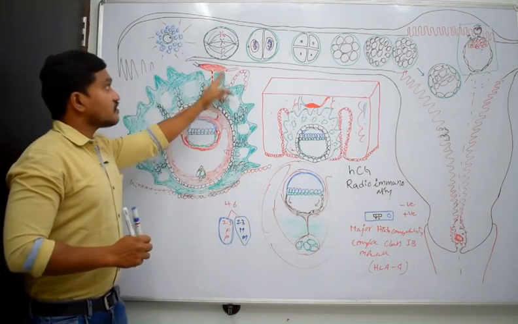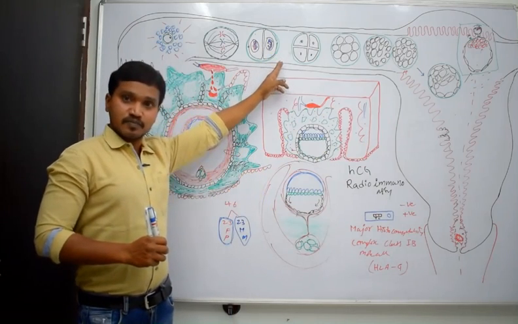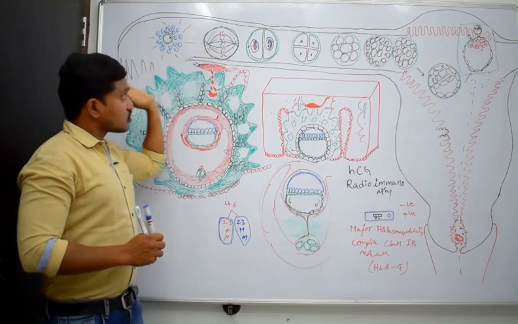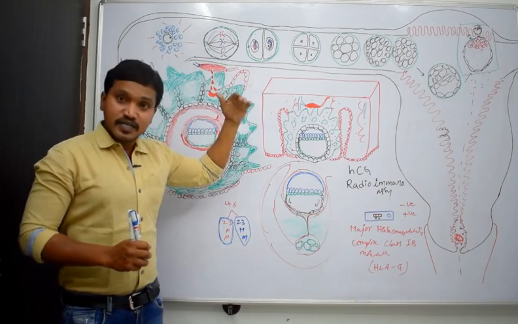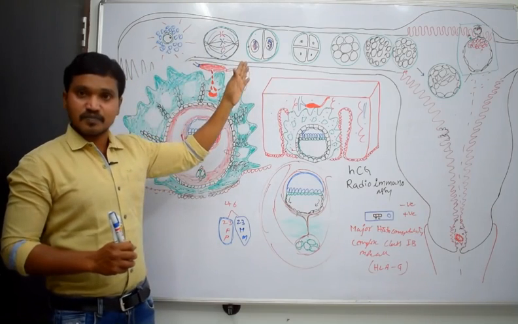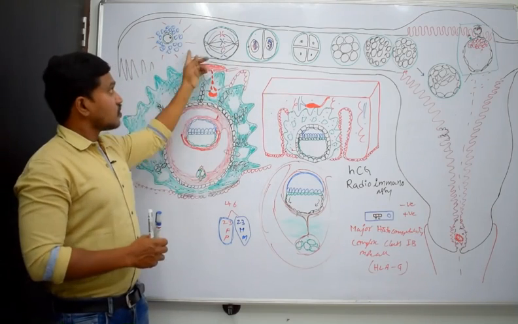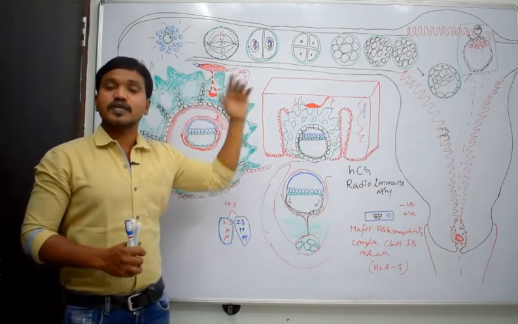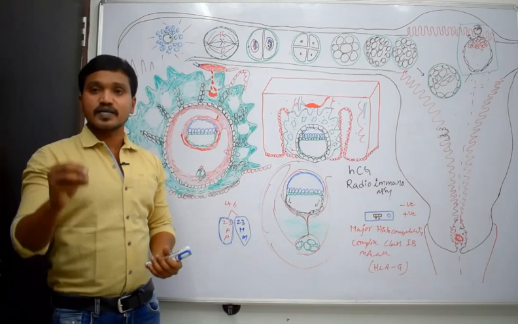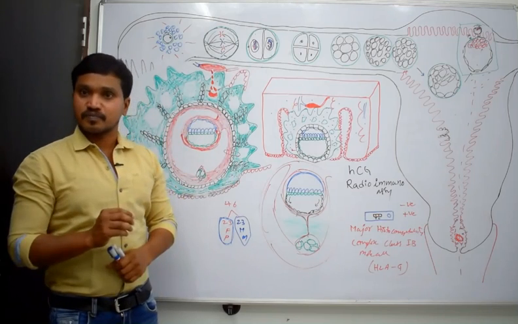See, if there is any obstruction in the tube, or if there is slow movement or slow transportation, or any defect in the ciliary beat, usually how will the embryo be transported? Because of ciliary beat. Where is cilia present? In the epithelium of the fallopian tube. Right?